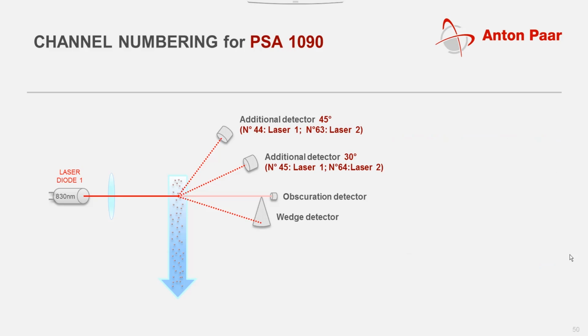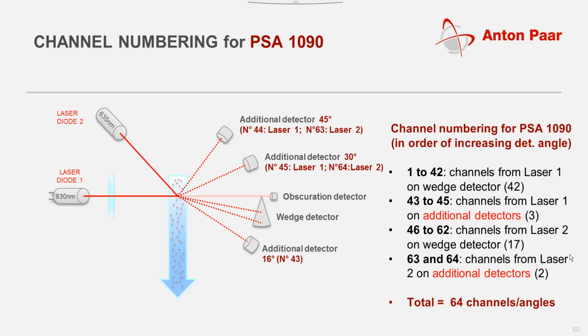In the PSA 1090, there is a second laser and one more detector at 60 degrees with number 43, which is only detecting signals coming from laser 2. The numbering for the additional cells changes a little for the 1090.